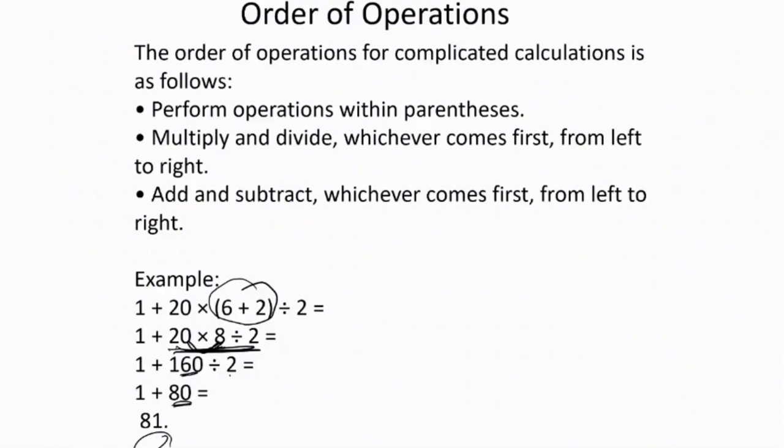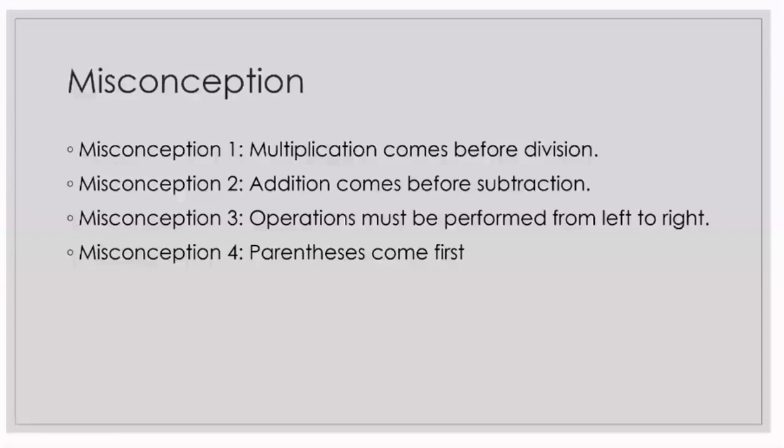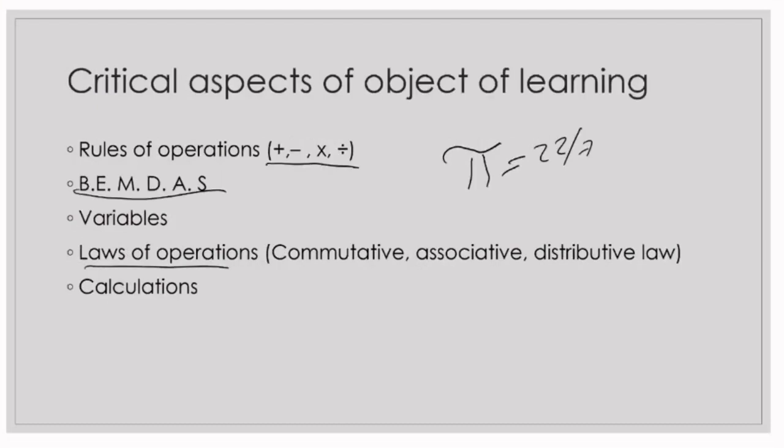Okay, and then let us come here and say now, what are the common misconceptions that we always come across when we are doing the operations? It is that the multiplication comes before division. Remember the emphasis is saying these two, you can do them simultaneously as long as you start from left to right.